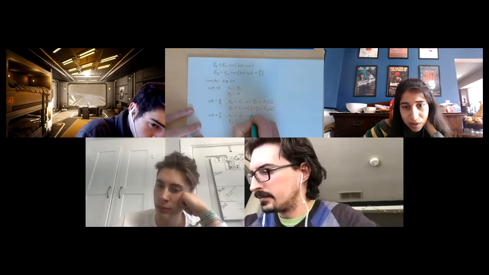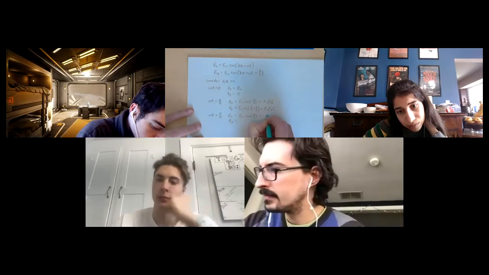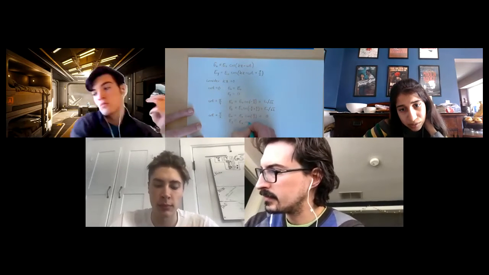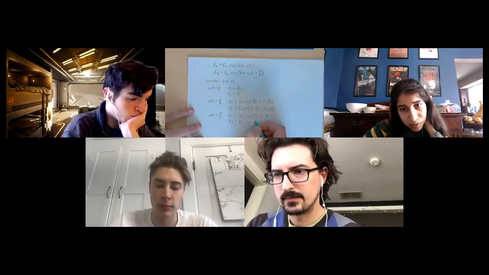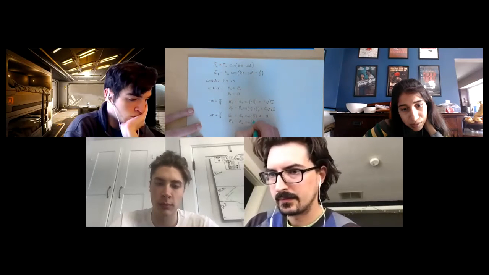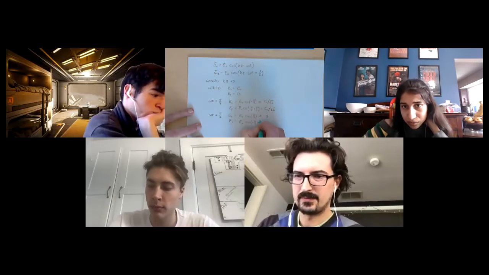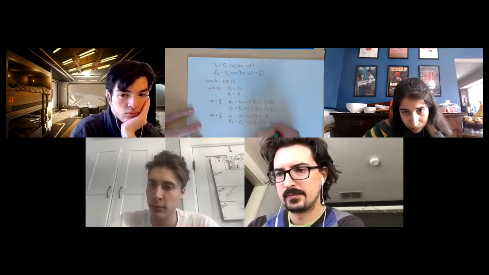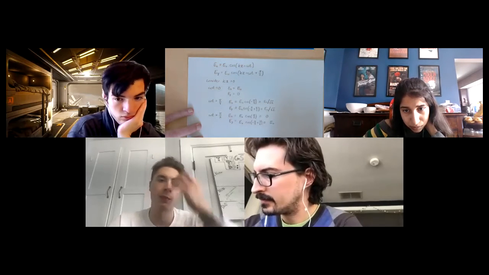This is the cosine of pi over 2. That's 0. And the second one is E naught. This is cosine of minus pi over 2 plus pi over 2. That ends up being cosine of 0, which is 1. So we just get E naught again.